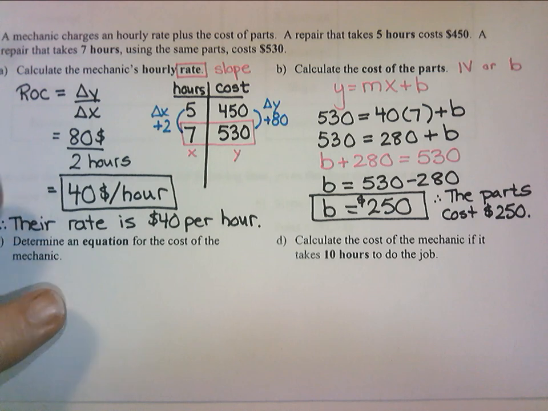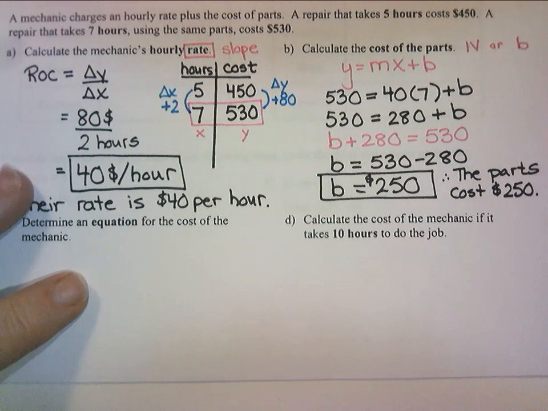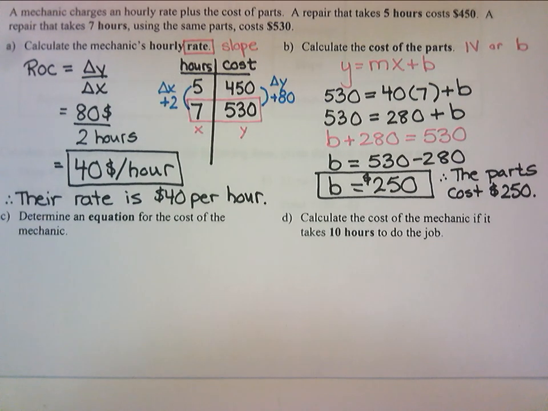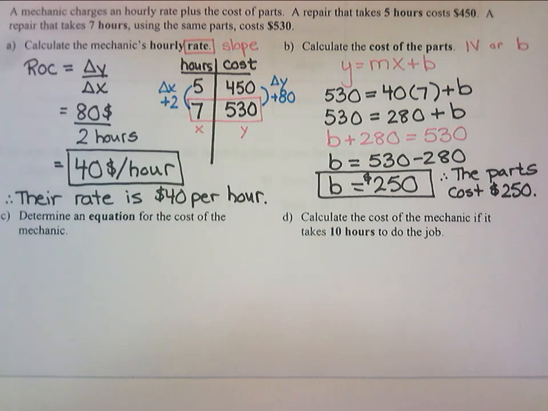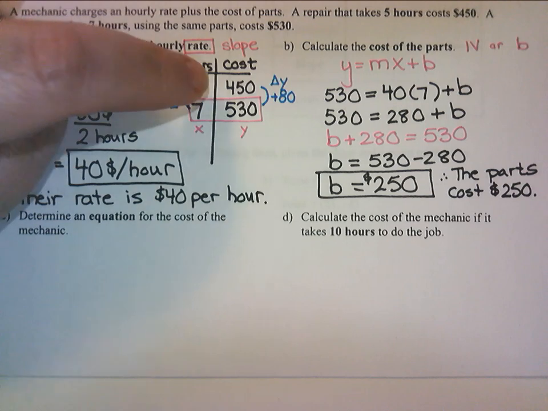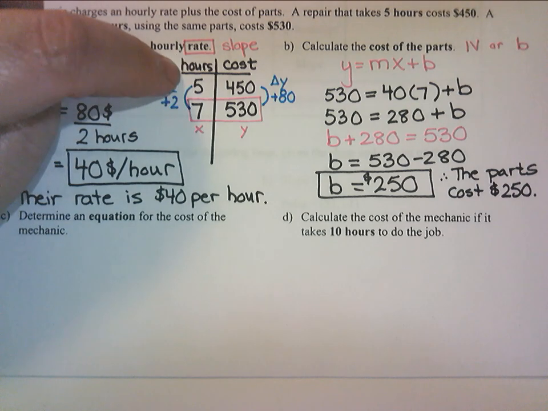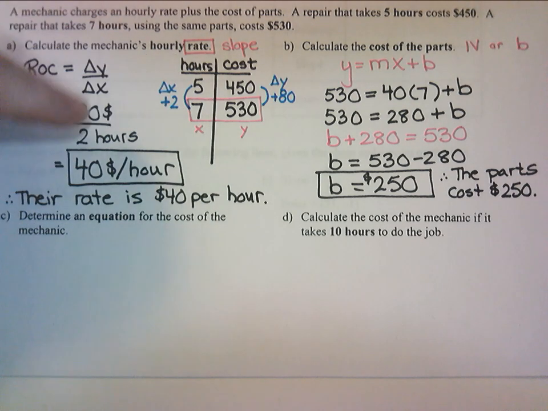All right, from there, the last two questions are a little bit easier. We've done all the hard work up front. I do just want to mention there were some other ways that we did this. So it is $40 an hour. So you could work your way back up the table, going up by 1 hour at a time.